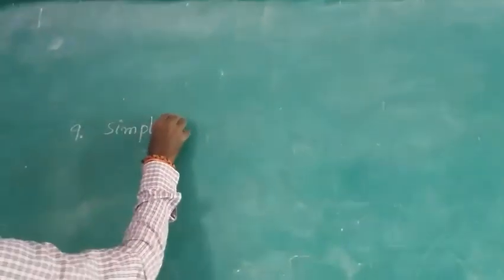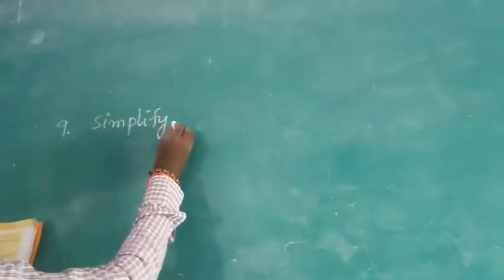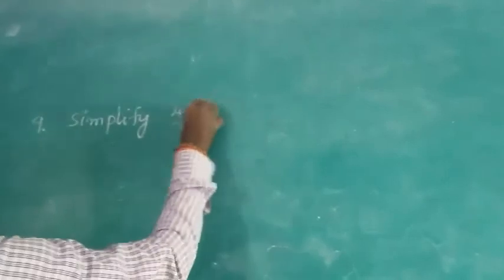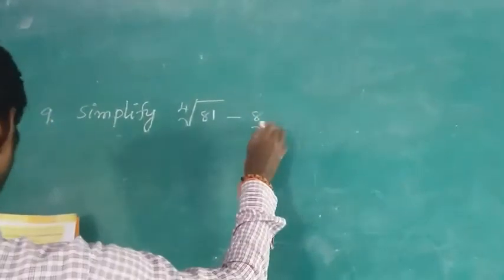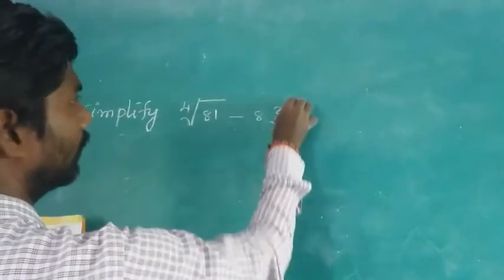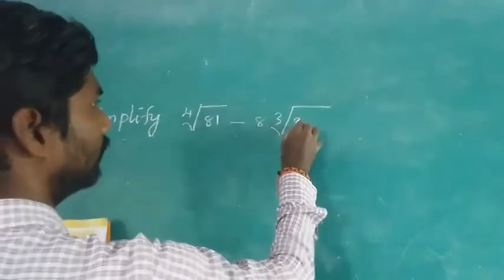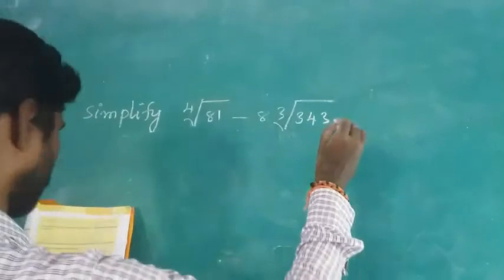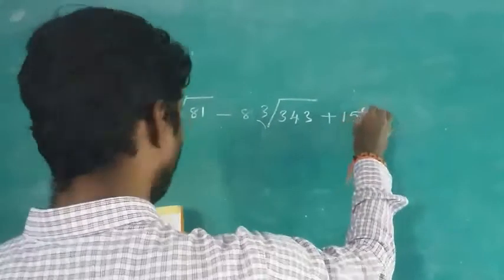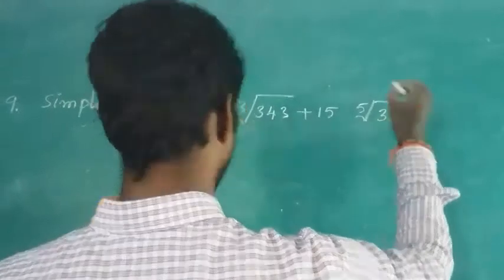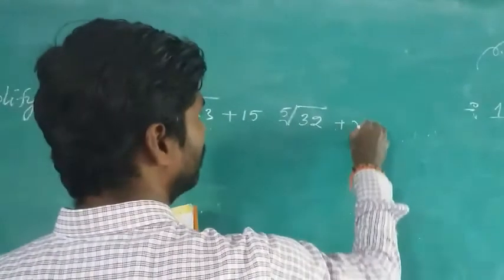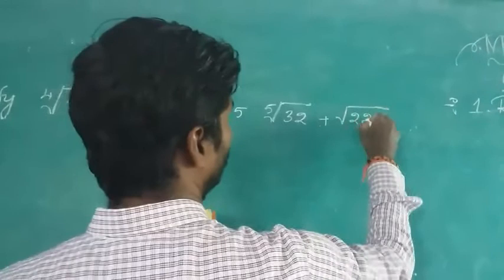Simplify: 8 into third root of 343 plus 15 into fifth root of 32 plus under root 225.